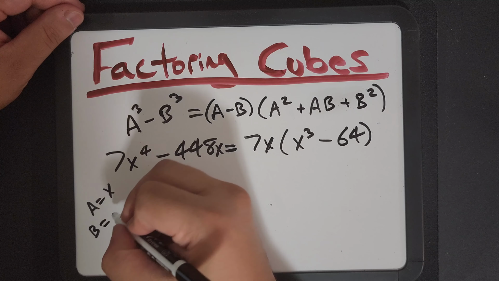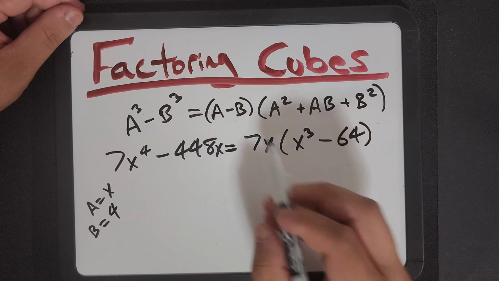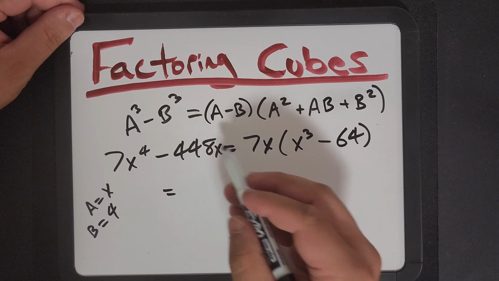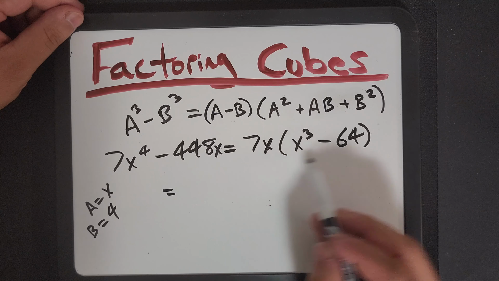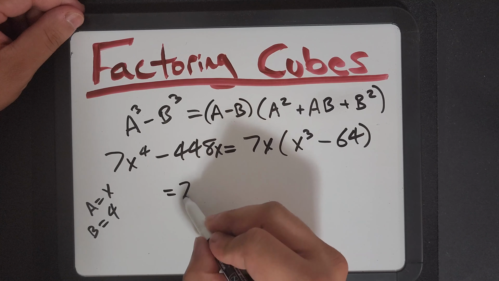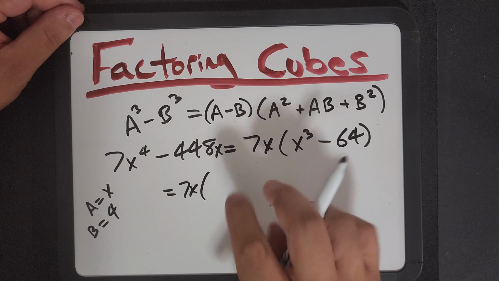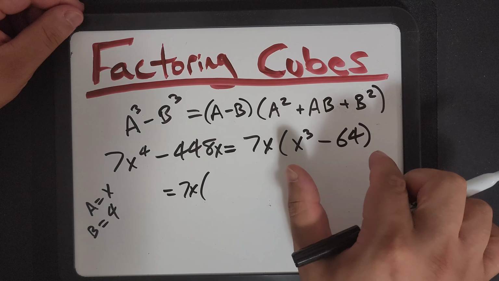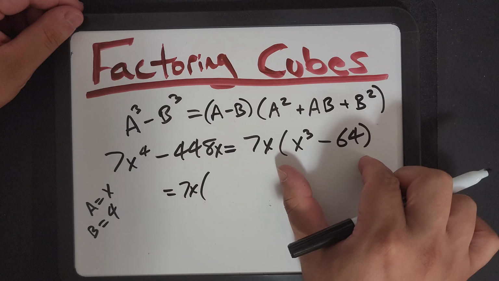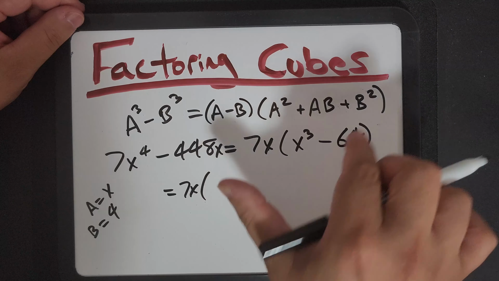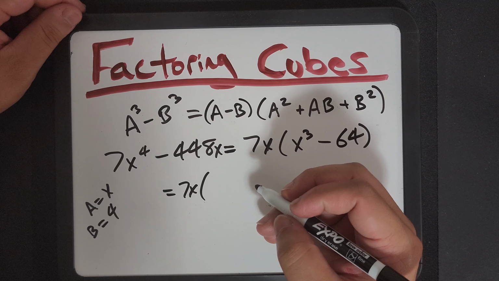So a is equal to x, b is equal to 4. And let's write this out. So we still have our 7x. But let's now take this difference of cubes and put it into this formula, this identity.